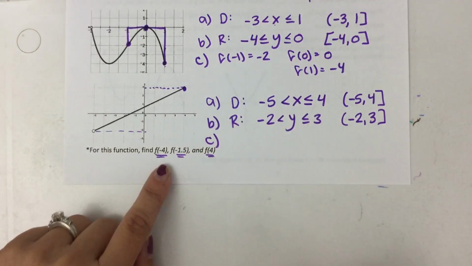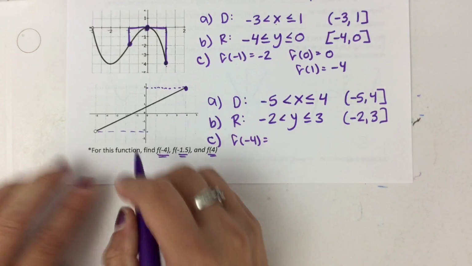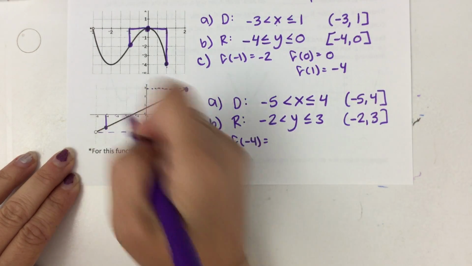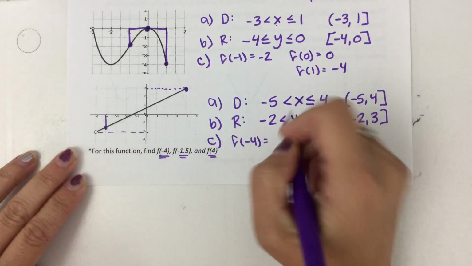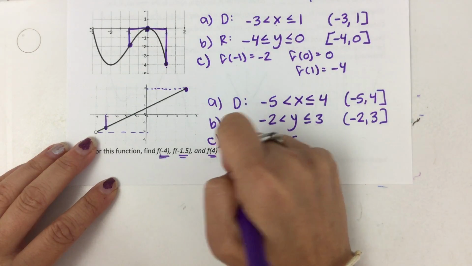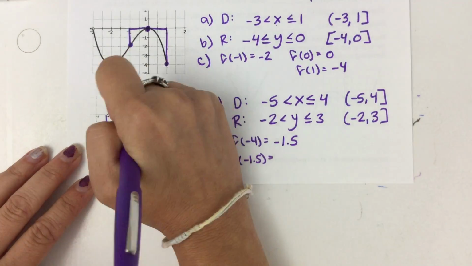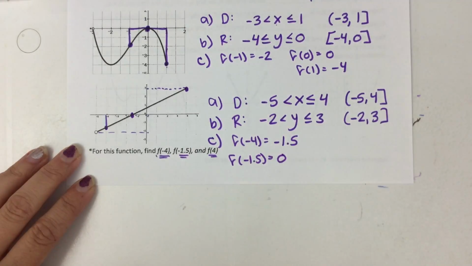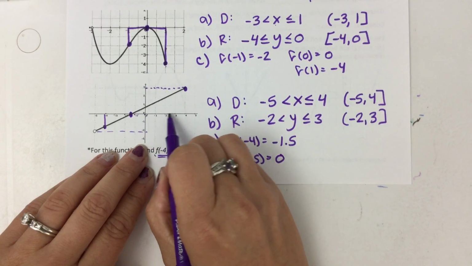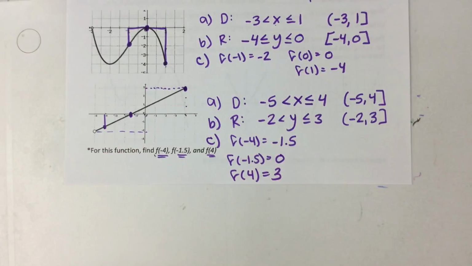Now for part C, this time they gave us some different values. f of -4. If I go to the left, 1, 2, 3, 4, my value is in between -1 and -2, so it's approximately -1.5. If I have -1.5, if I go to the left 1.5 units, my y value is 0. If I have f of 4, if I go to the right 1, 2, 3, 4, I go up 1, 2, 3. So f of 4 is equal to 3.